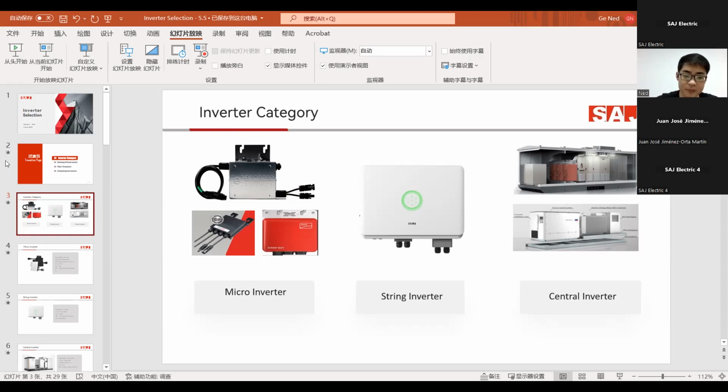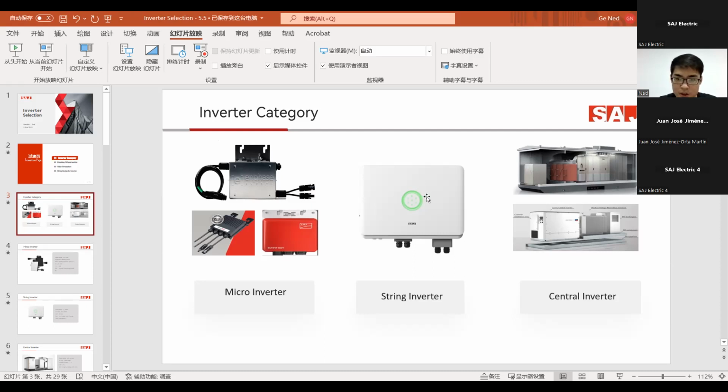Installed on the PV panel's backside, it has a DC connector directly connecting with the PV module's connector, as you can see here, the MC4 connector. This is a micro inverter. Then there is the string inverter. This is also what our company has kept making efforts on since the year 2011.